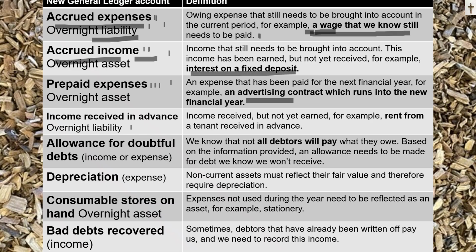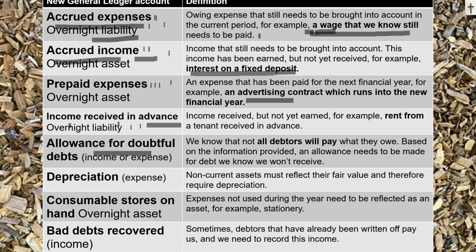Income received in advance. A tenant might pay us for 14 months, but we only need to record the income for 12 months. That's an example of income received in advance. We need to show 12 months of rent income. That's what income received in advance is all about.